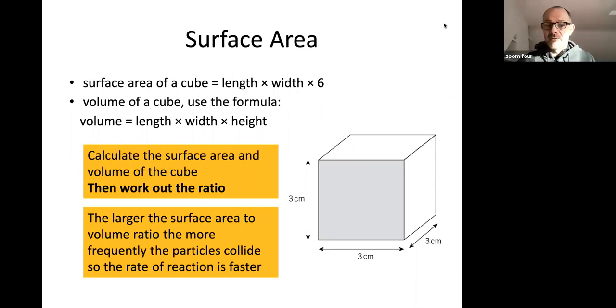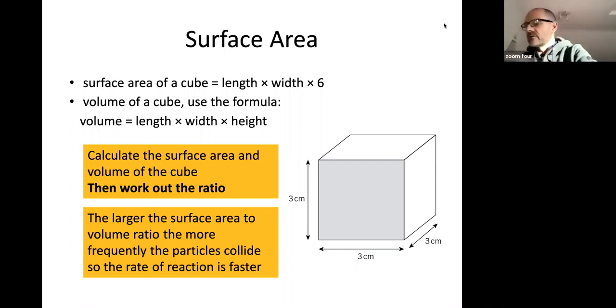The higher the surface area to volume ratio, the more collisions that you get, and so the faster the reaction is. If you're not comfortable with working that out, have a really good look at that slide, and then go away and work out the surface area to volume ratio. If you're still unsure about it, again, that's something that you should be asking us about.